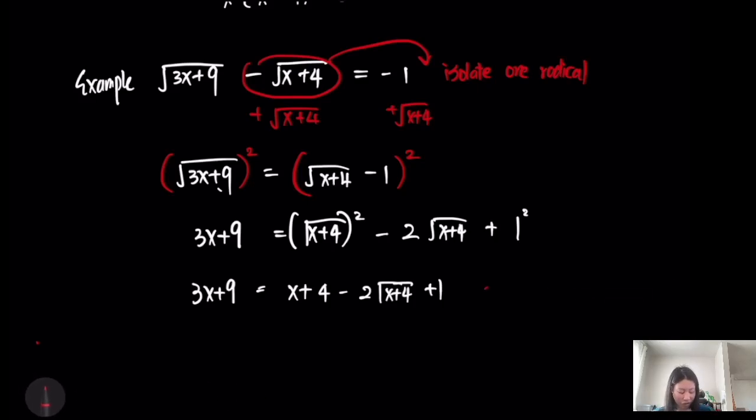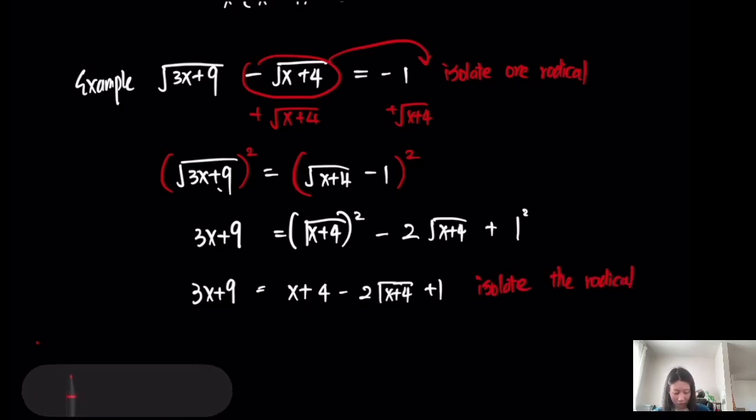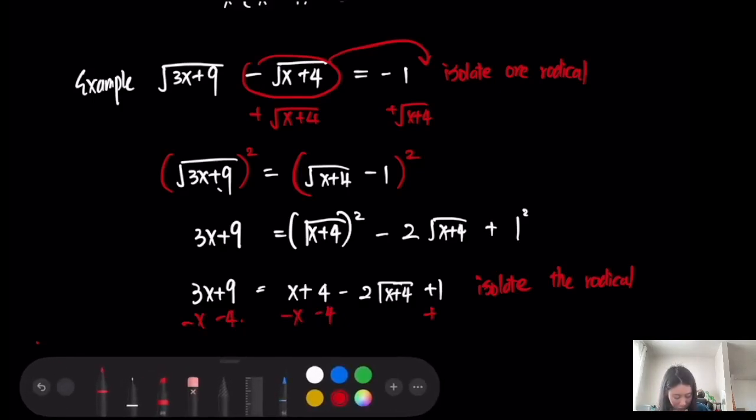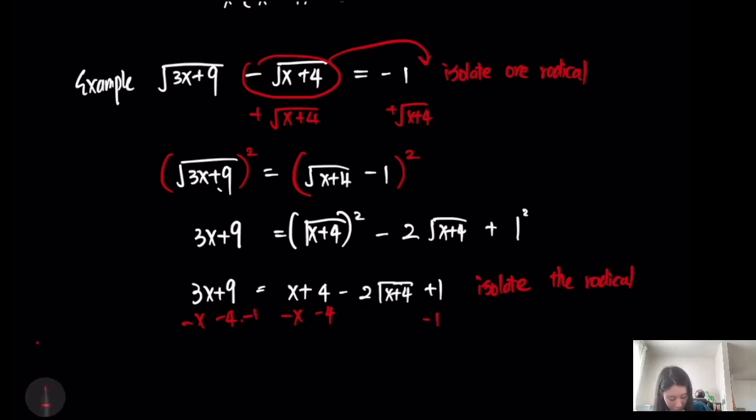Not set the equation to 0 yet. You want to isolate the radicals or the roots. By doing that, I need to subtract x on both sides, minus 4 on both sides, also minus 1. Then I can get rid of these terms. So my equation becomes 2x plus 5 equals negative 2 square root of x plus 4.